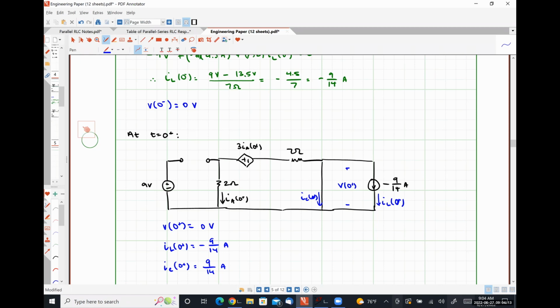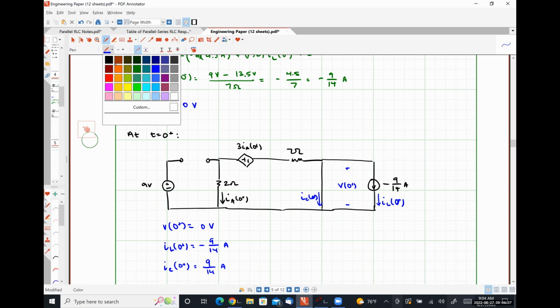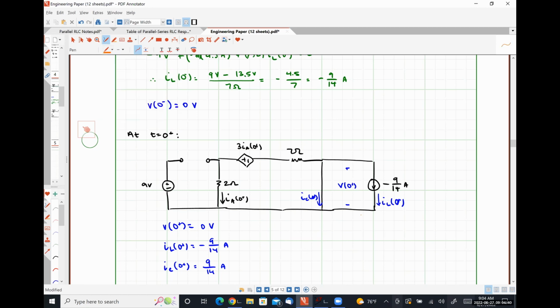So some of you may be asking yourself, why doesn't the dependent source contribute to the current flowing through that short circuit? So recall that this current IL, when it's flowing this direction, sees this path up, which has no resistance, and this path to the left, which we determined earlier has an equivalent resistance of 6 ohms.